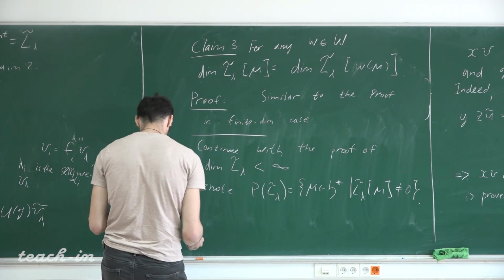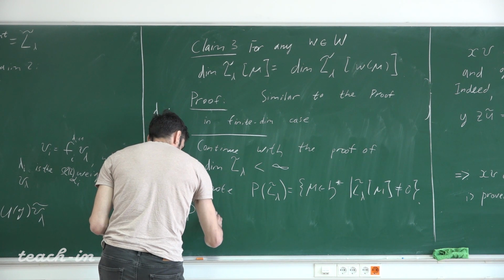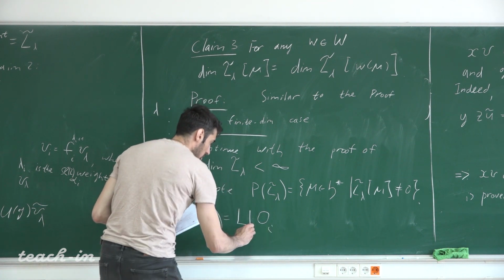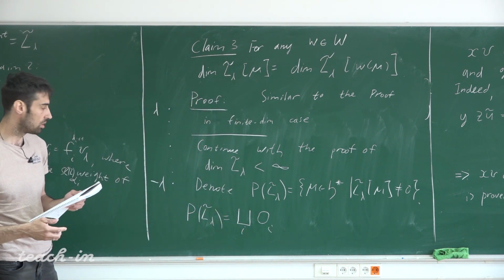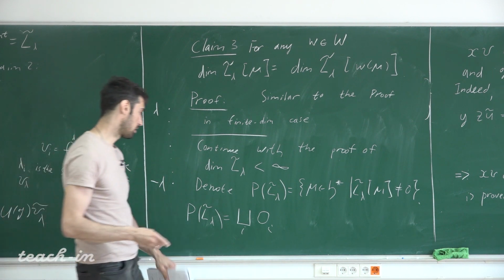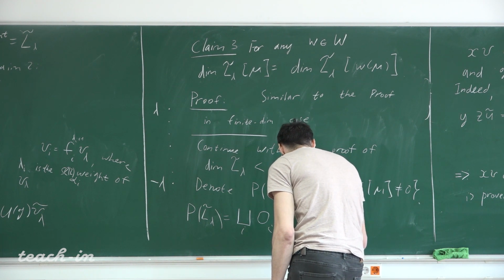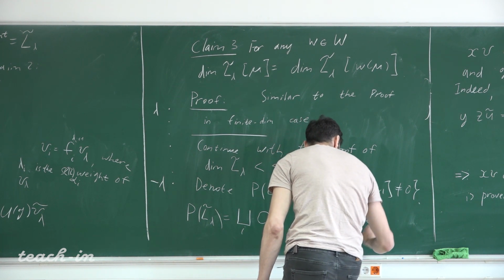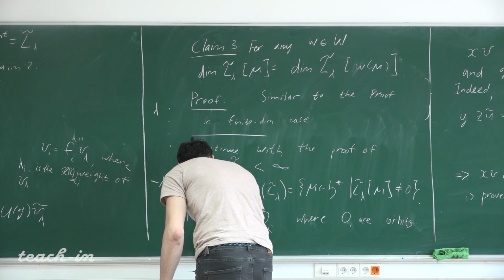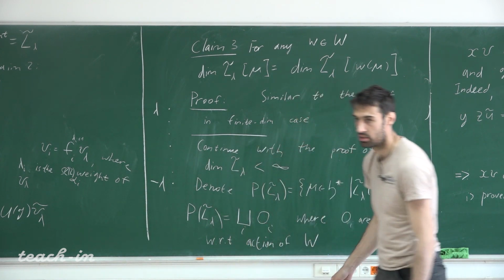Then we actually proved that P of L lambda tilde is a disjoint union over some O_i, where O_i are orbits with respect to the action of the Weyl group, right?